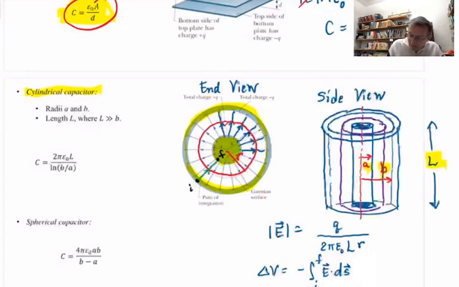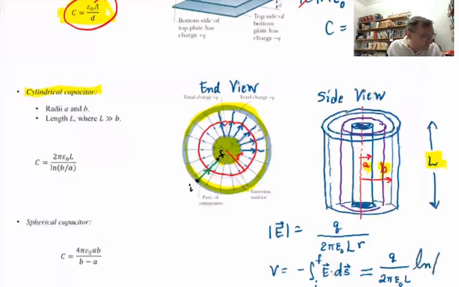And the formula you get for the potential difference, and I might as well take out the delta, because that's what everybody does in this chapter, it is Q over 2 pi epsilon 0 L. And because of that 1 over r, when you integrate, you're basically integrating dr over r, you end up with, interestingly enough, a natural logarithm of the outer radius b over the inner radius a.